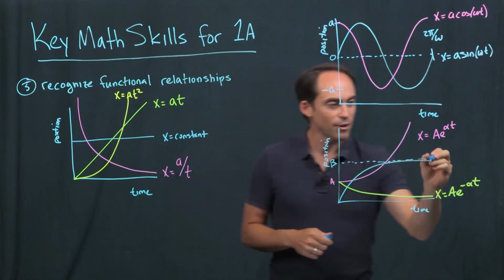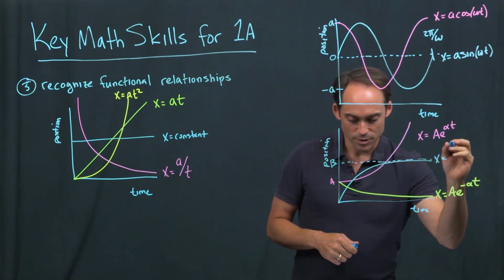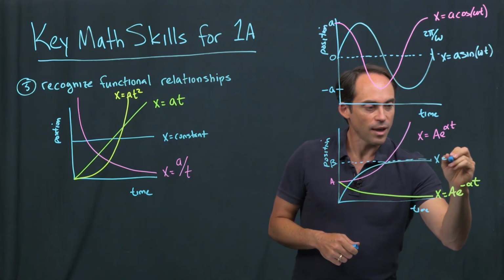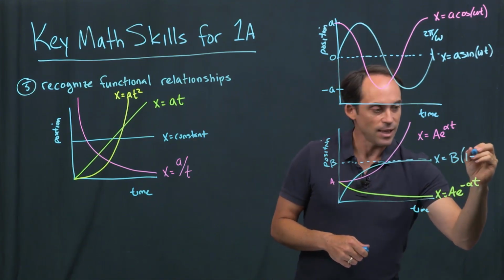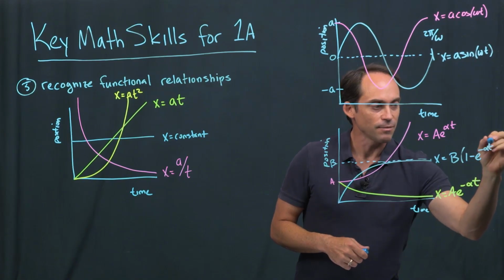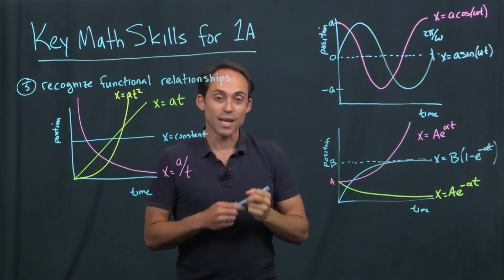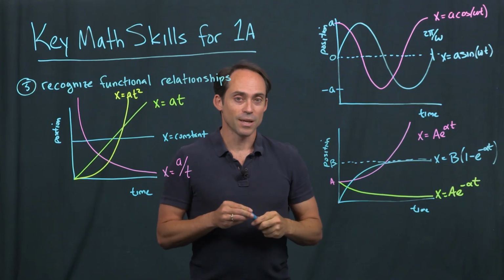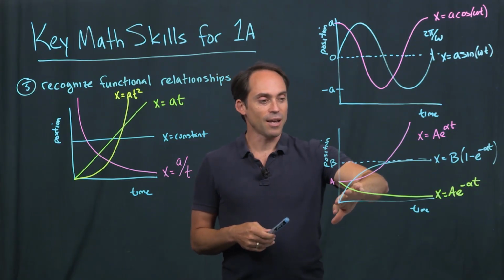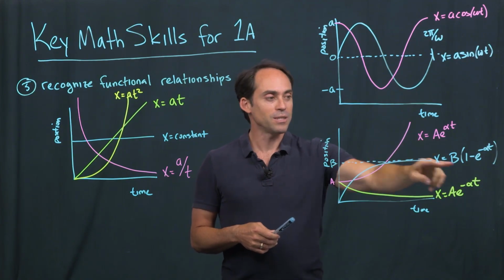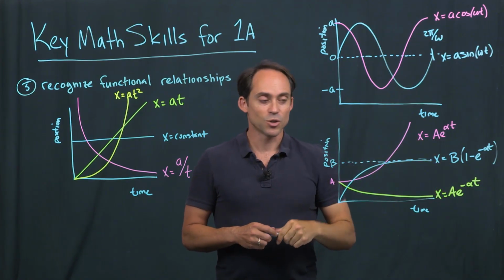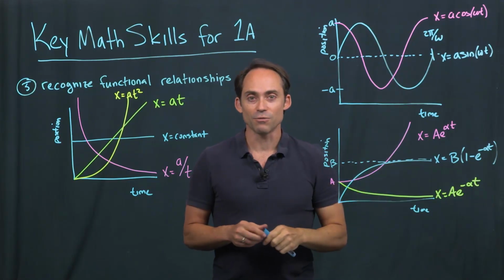And we can write down that function as x equals, let's call this b as a new number, 1 minus e to the minus alpha t. Right? A slightly more complicated expression, but it's kind of conveying the same sense that over time we approach a finite value. In this case, not 0, but it's equal to b. So you may see this behavior in different motions.